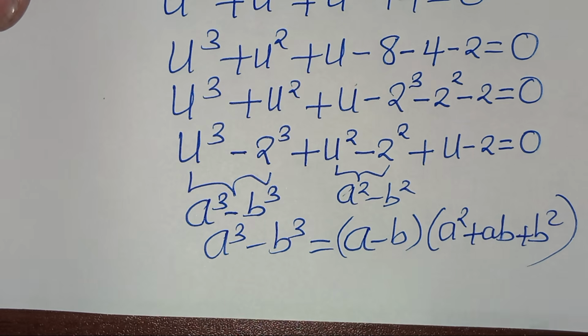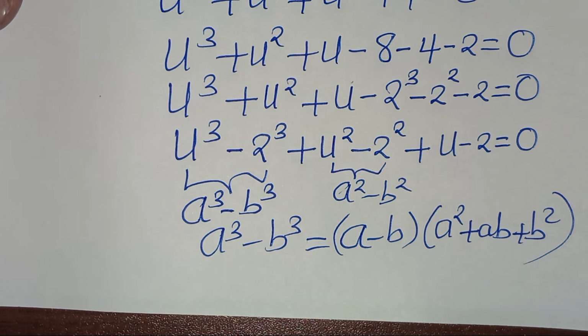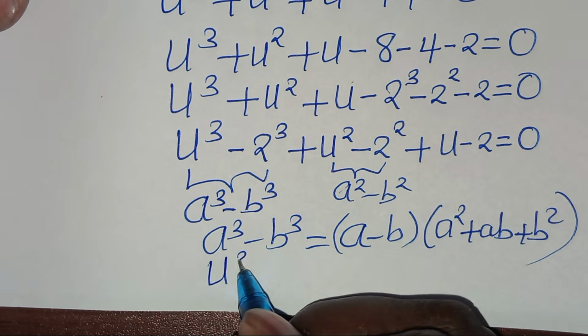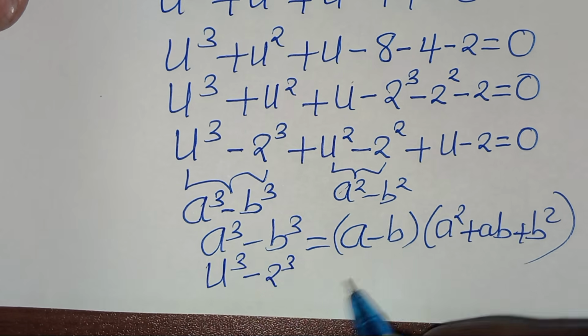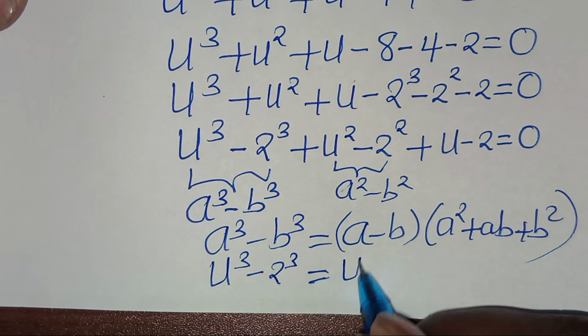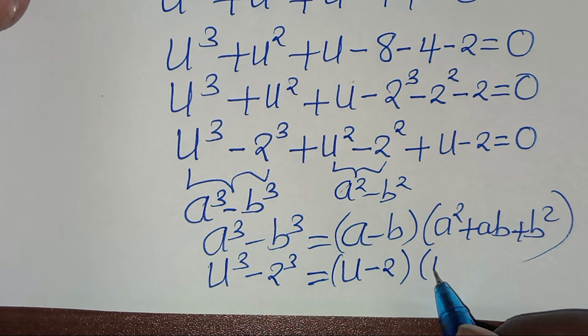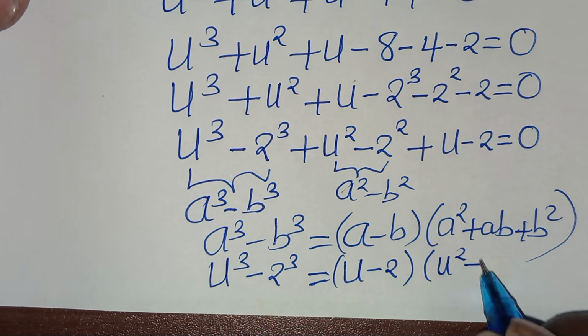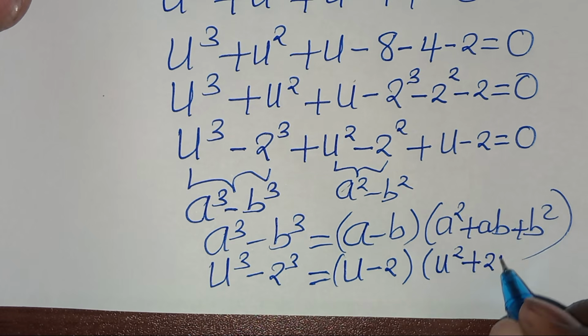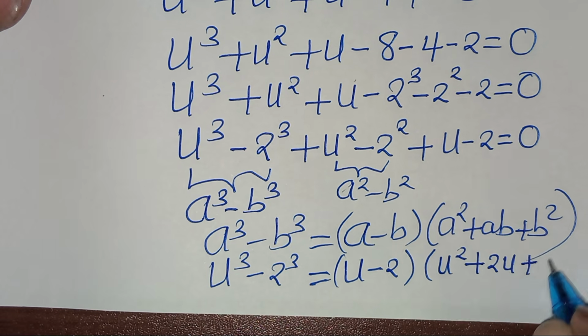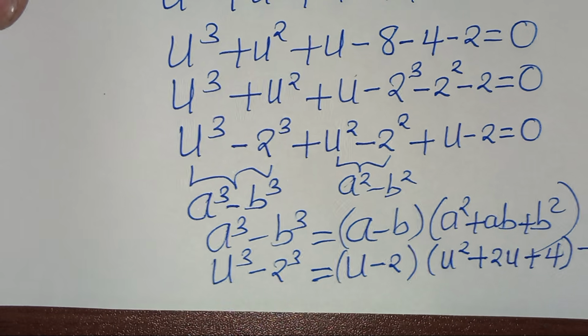Now applying this identity, this means that we have u to the power of 3 minus 2 to the power of 3. This is the same thing as u subtract 2 into the parentheses. This is u to the power of 2 plus 2u plus 2 squared. This is 4. Let's call this as the first part.